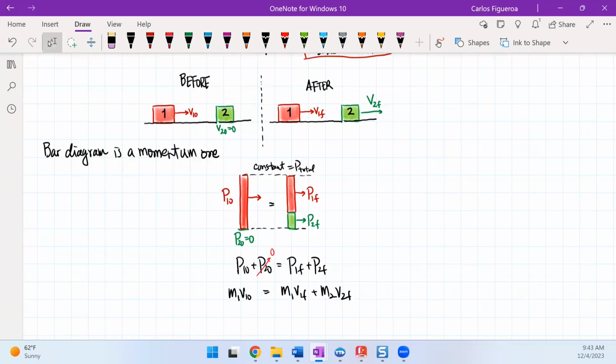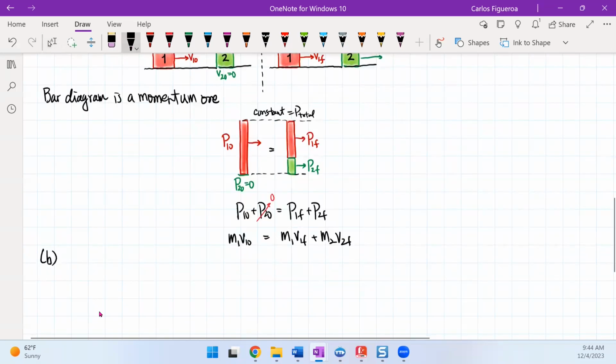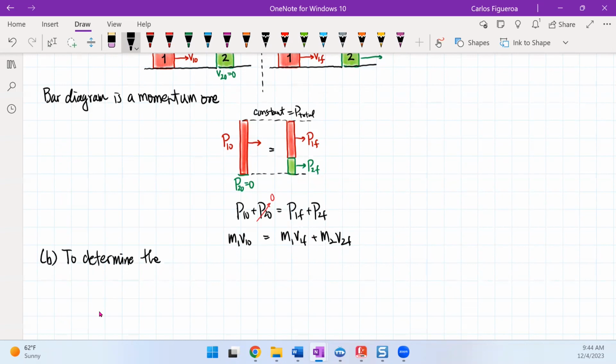Well, now, if I go to B, now that I have a picture of the overall situation, to determine the mass of the second cart, M2, we isolate M2.